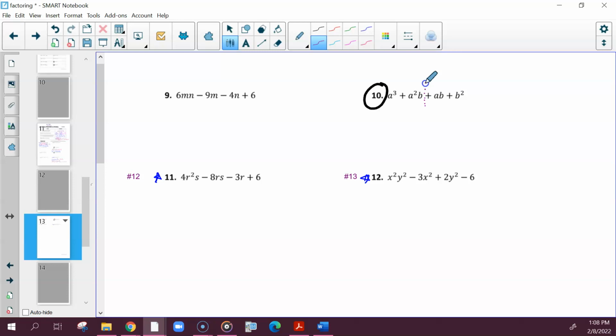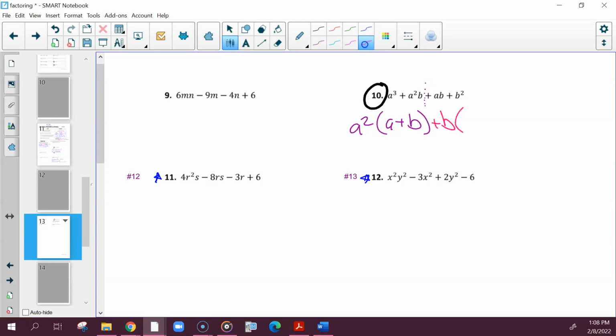These don't have any numbers, but they do have common variables. So what could we divide out of the first two? A squared. And if we're dividing a squared out of both of those, what's left? A, and then plus B. And then what could we divide out of the second two? B plus B, yep.